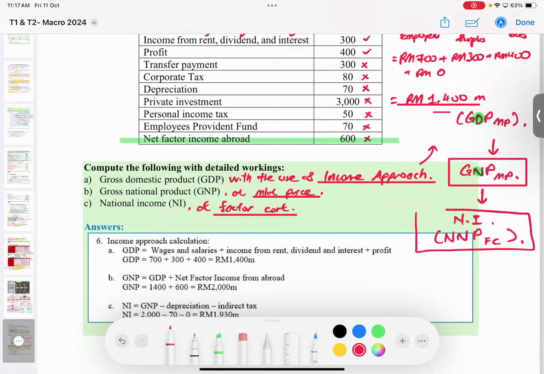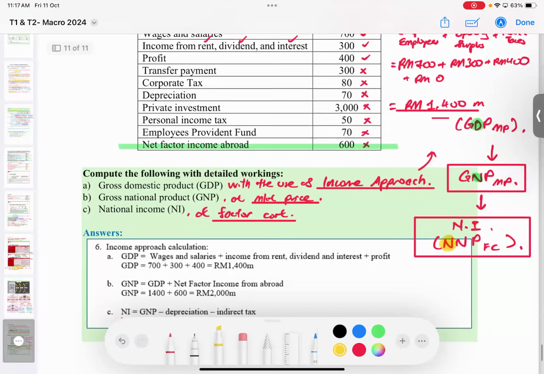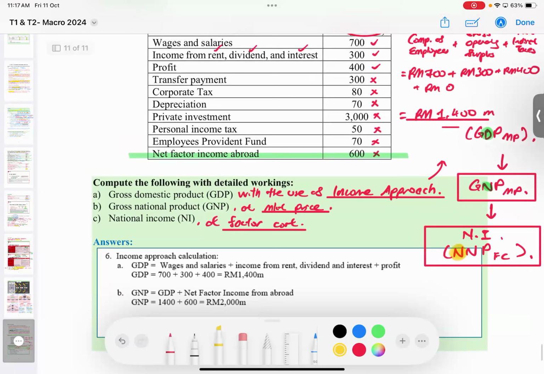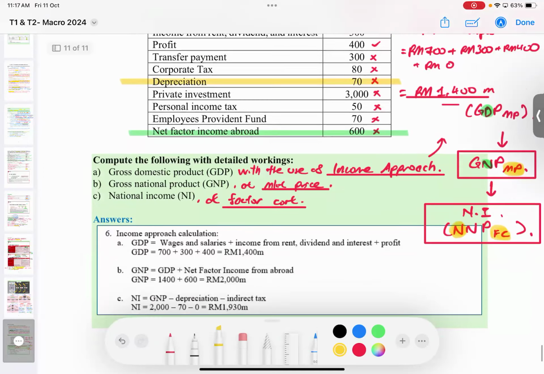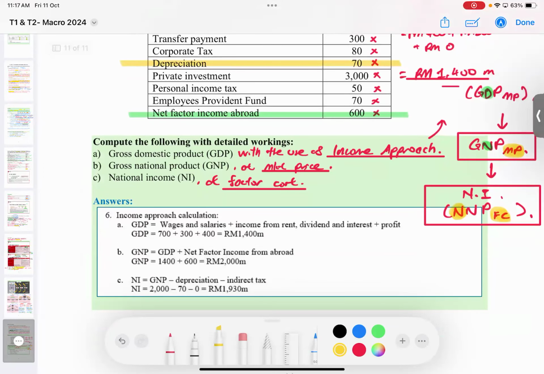So from gross to net, you need to minus off depreciation. And then from market price to factor cost, you minus net indirect tax, but here we don't have, so no need lah. So at the end you get these answers.